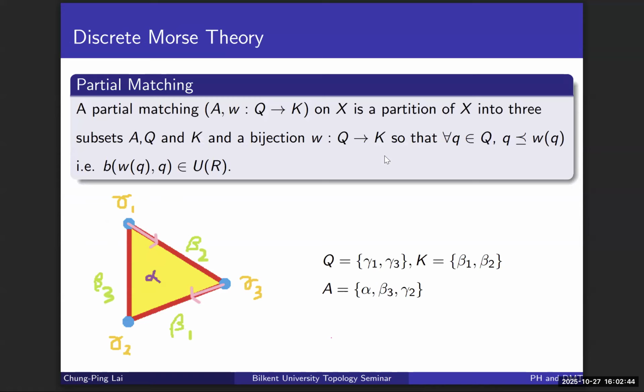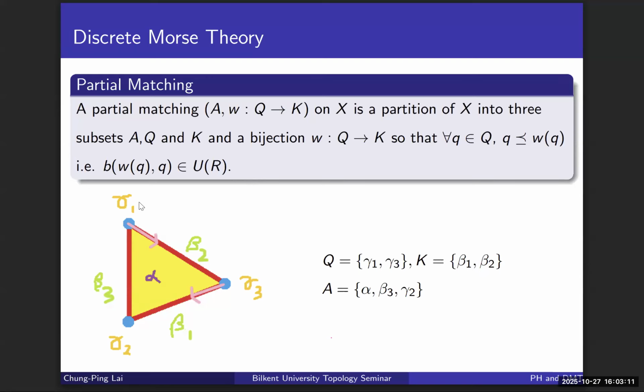I'm going to ignore the discrete Morse function and just go through what I'm going to use. Firstly, we have this partial matching, which is a partition into sets A, Q, and K. But the important thing is that Q and K come as pairwise elements, pairwise cells with a face relation in between.